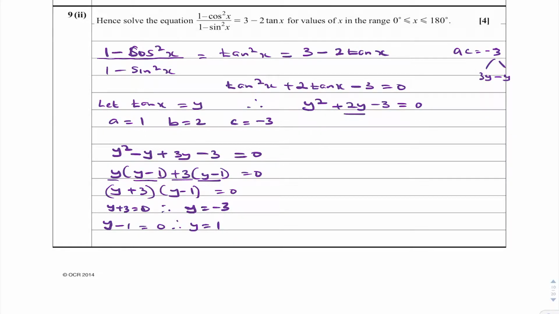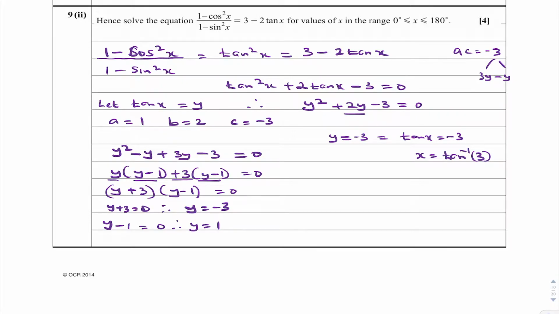So now I need to find the value of y. Y equals minus 3 is tan x equals minus 3. So tan x equals minus 3. So what is the value of x? That implies that x equals tan to minus 1, 3.